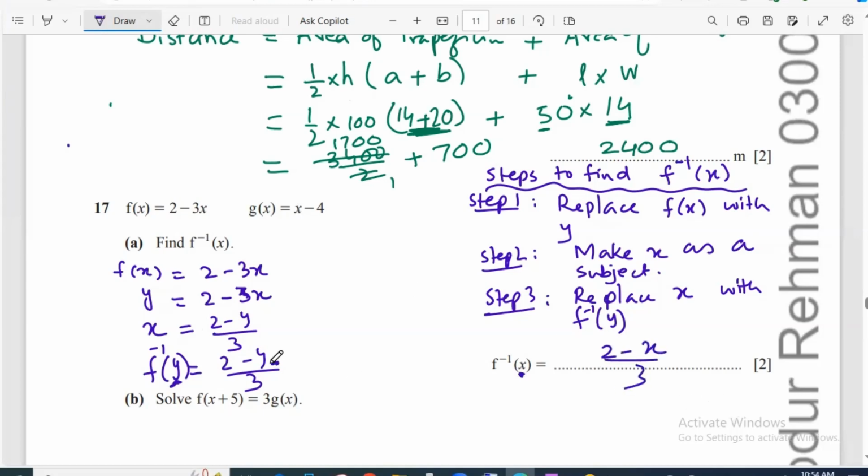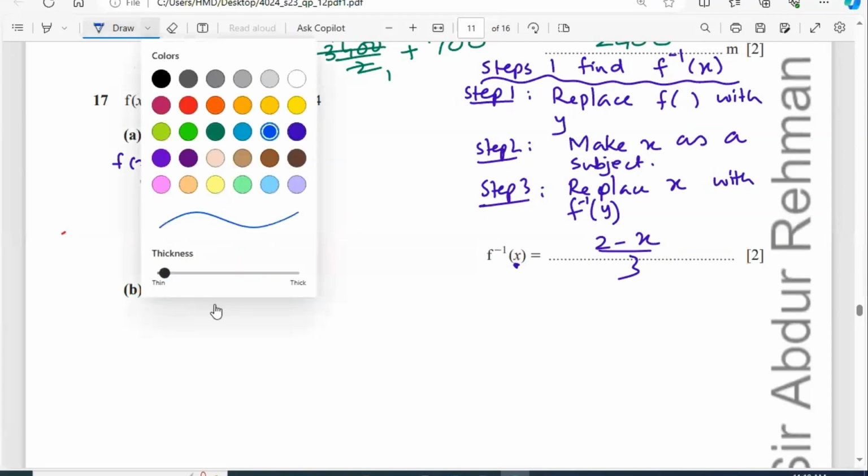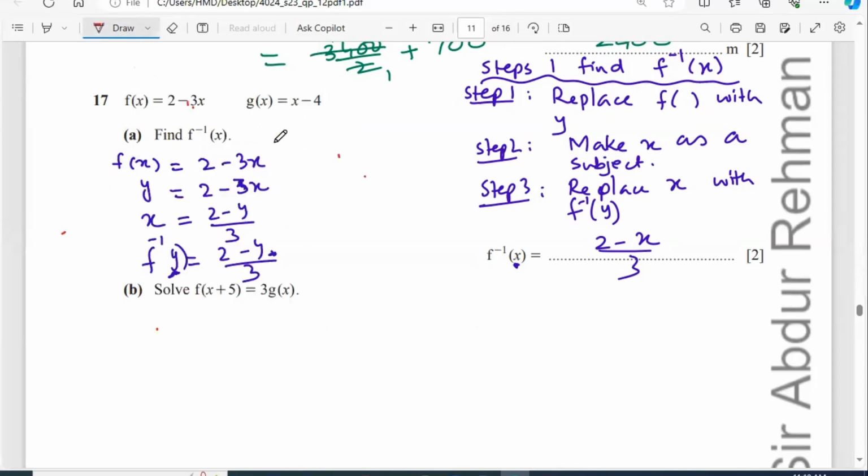Now move on to the second part. Question number 17, part B. In this question, you have to solve f of x plus 5 equals 3 times g of x. This is the equation given here, and we have to solve it. First find f of x plus 5 with the help of the function f of x.